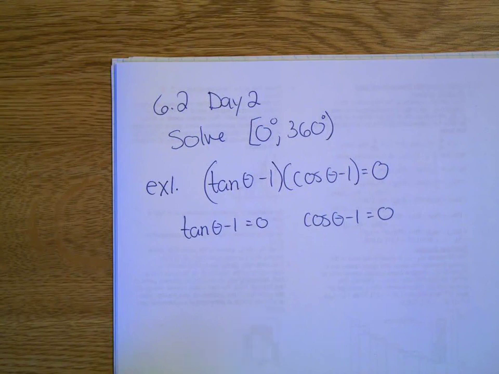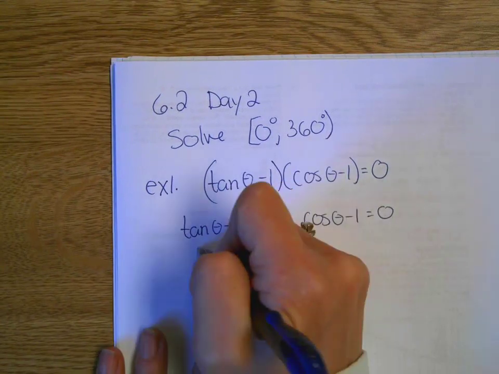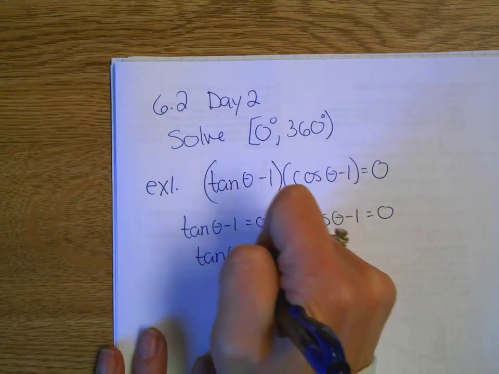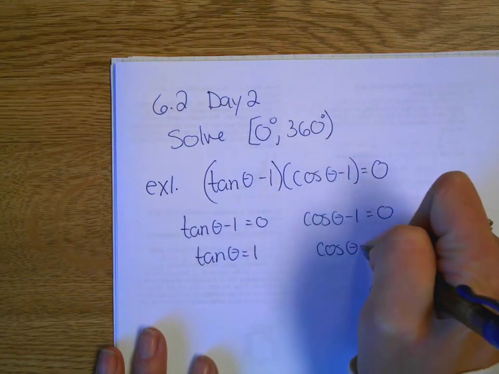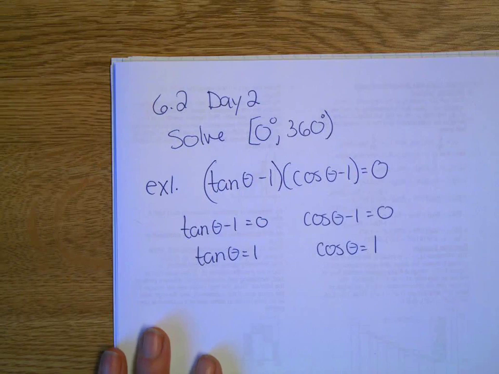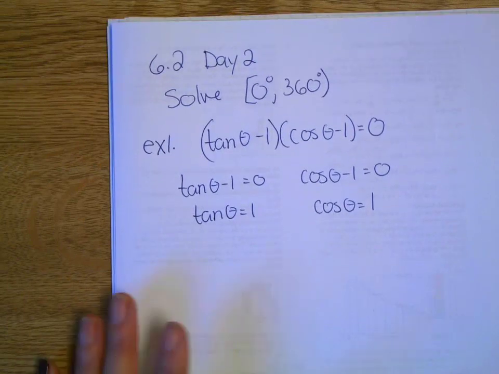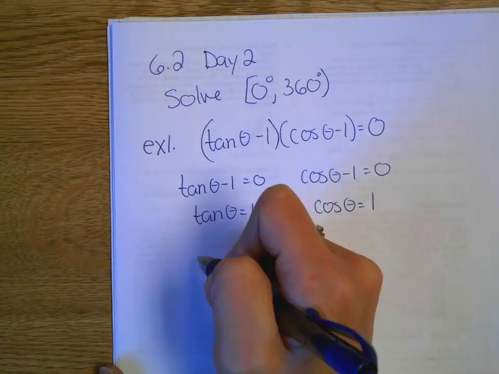So look around the entire circle. Oh, we got to solve first. So tangent equals 1, and cosine equals 1. So where does tangent equal 1? 45, 225.